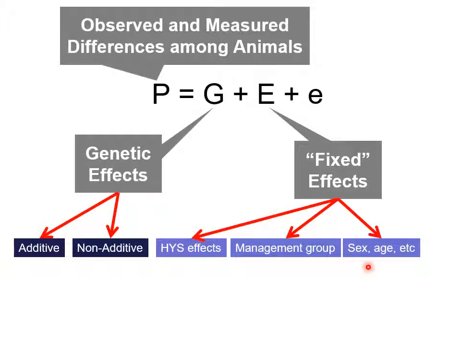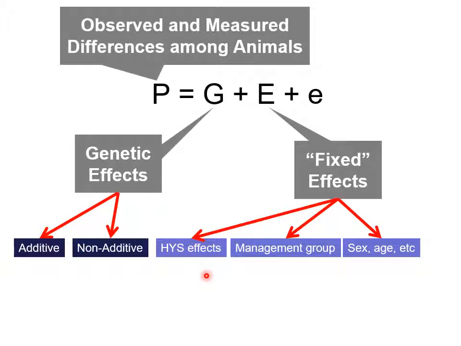It's not because of their genetic differences, but purely because of the hormonal differences amongst them. The age of the animal, a younger animal will weigh less, simply because that animal hasn't had the length of time to grow. So these are all then so-called fixed effects or environmental effects.